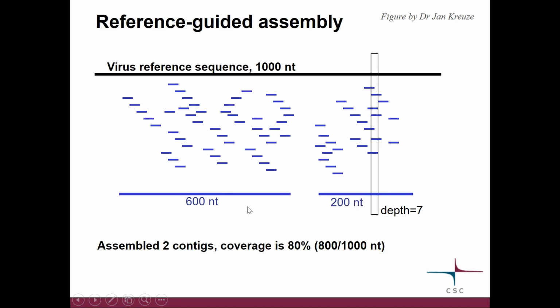So altogether we have managed to cover 800 bases of this particular virus. So we say the coverage is 80%. And you will see that we also will talk about the depth. So that means how many reads on average cover each position of the virus reference.